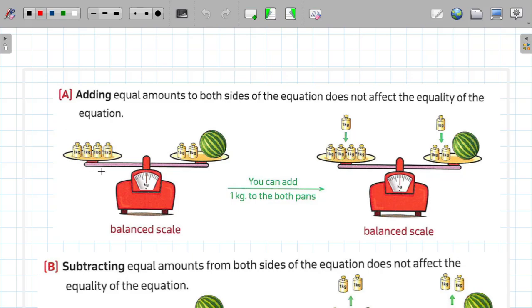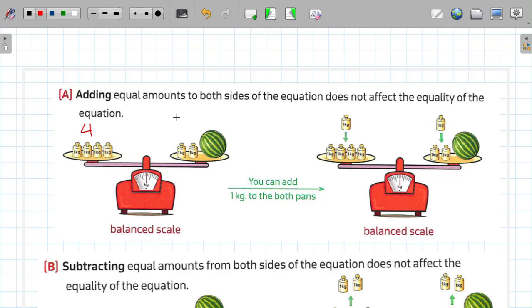Here I have a balanced scale. On the first side I have 4 kilograms, and here I have 2 kilograms and a watermelon, and I don't know the mass of this watermelon.